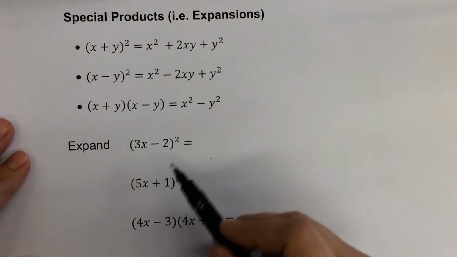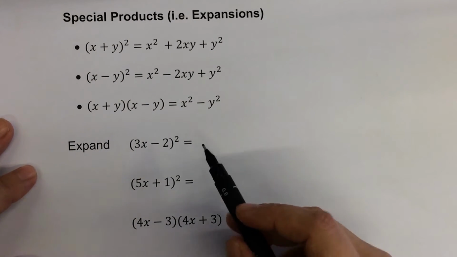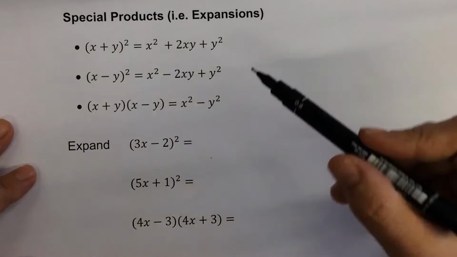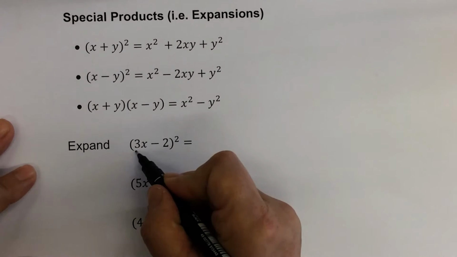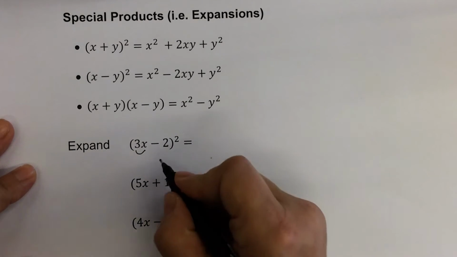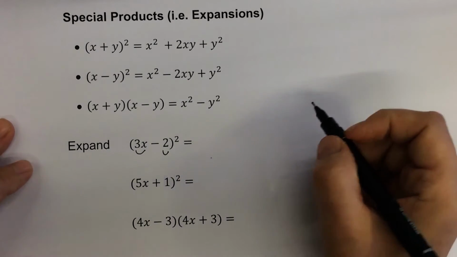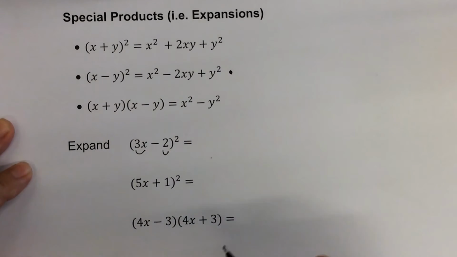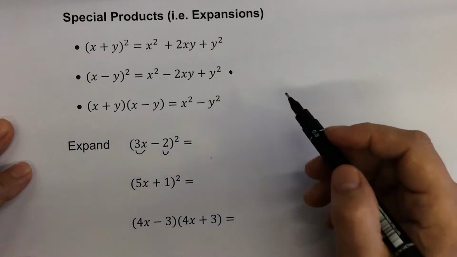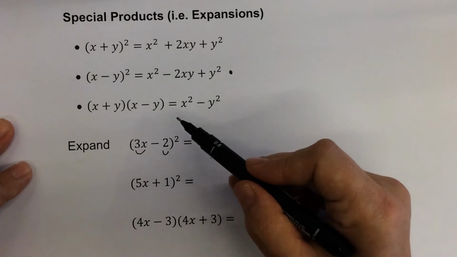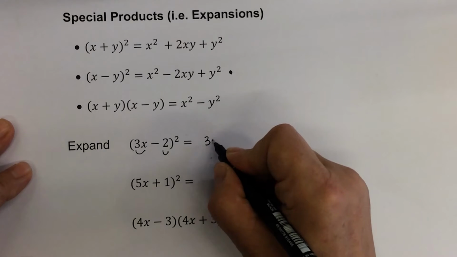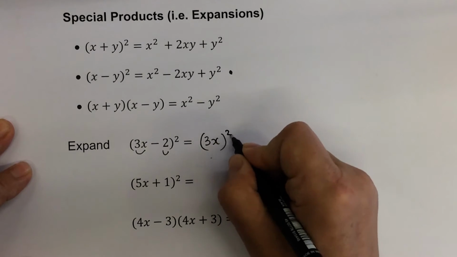For example, expand (3x - 2) squared. Okay, does it look like anything here? Yes, that's the difference. This is my first term, that's my second term. So I'm applying the formula for the square of the difference: the square of the first term, minus double the product of the first term times the second term, plus the second term squared.